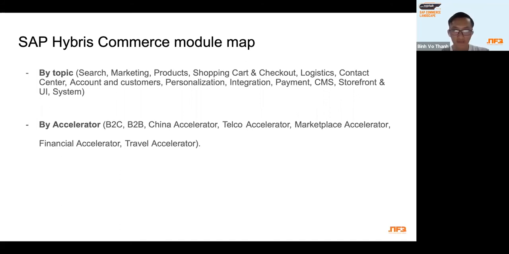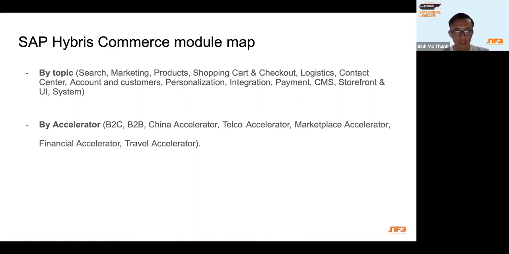Honestly, I have mostly 7 years on the Hybris platform, but I don't have any experience working with finance or travel. They define a lot of templates like this because if you sell a product like a phone or a laptop, it's totally different from selling a tour, a travel tour.